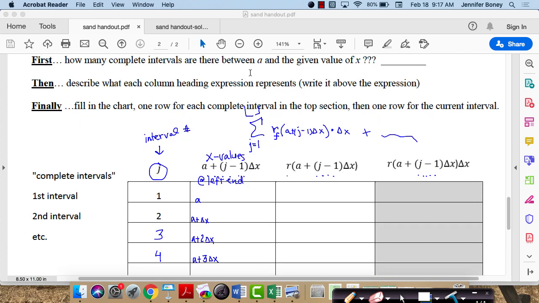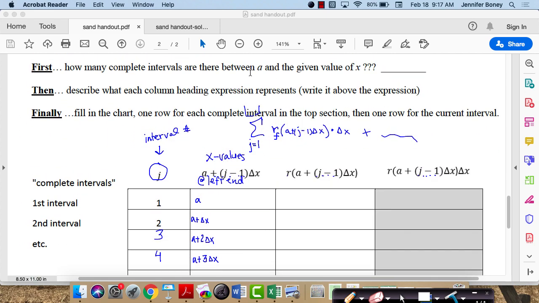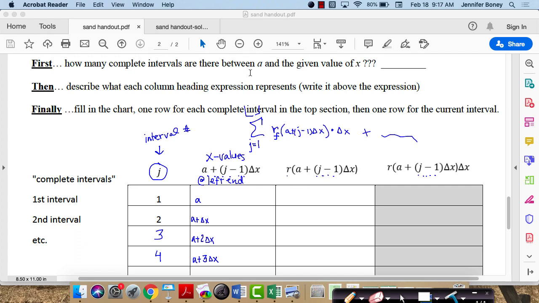Let's see if I can line this back up again. There we go. All right, so again, these are just the a plus something. Those are just x values. That's the input to the rate function. The rate function takes x values, times, as its input.